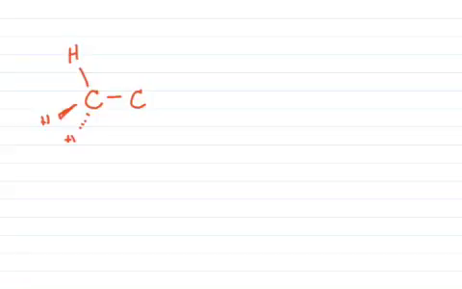Now this line we knew was linear from here to here, so it needs to be 180. Same with the next carbon, from here to here needs to be 180. So make sure you watch out for this.